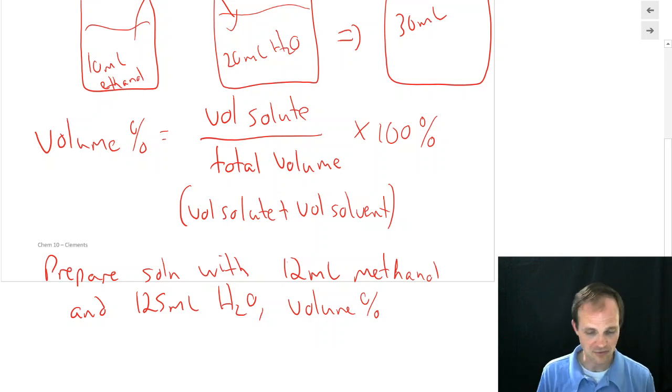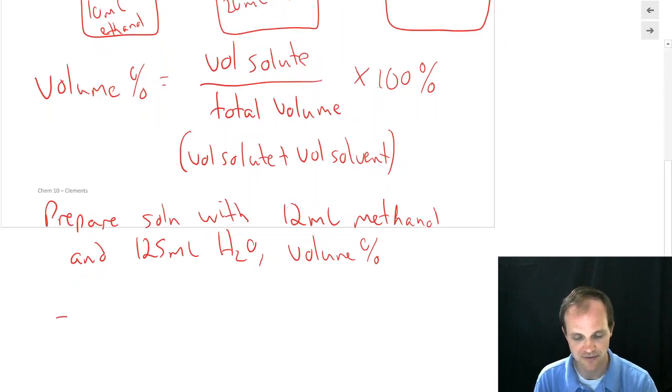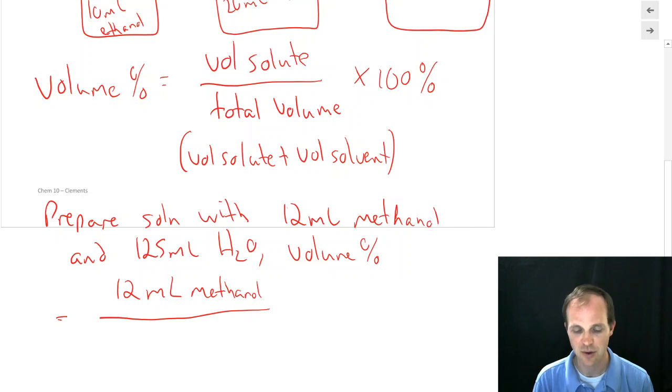Well, we're going to solve by typing it into the formula we have above. It's the volume of our solute. Solute's the thing you have less of. 12 milliliters of methanol. Total volume. We're going to put 12 milliliters plus 125 milliliters.